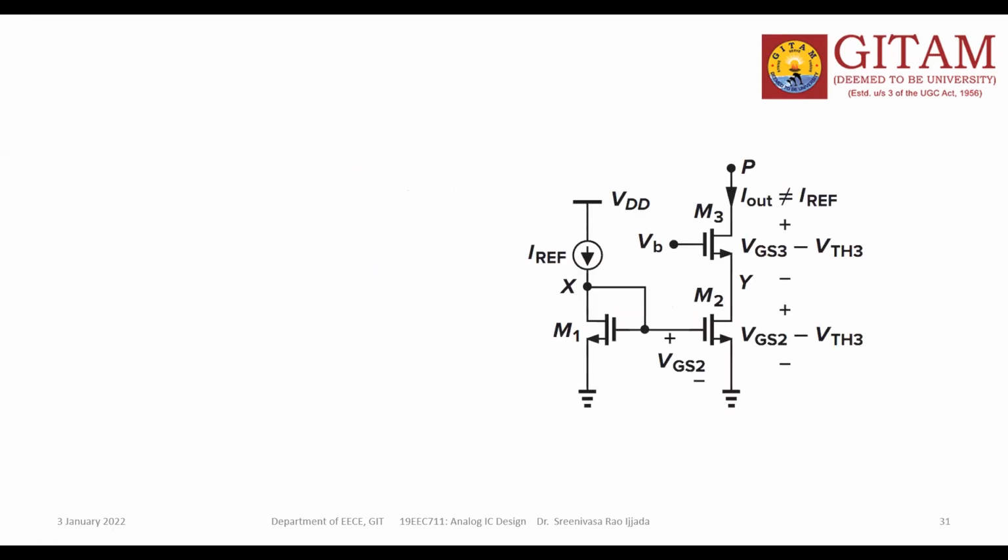In the second method, what happened? Whatever problem we were facing in the earlier circuit is called the VTH penalty.